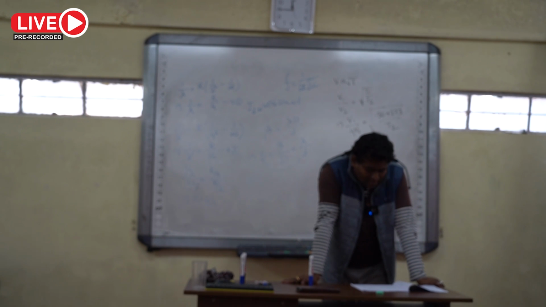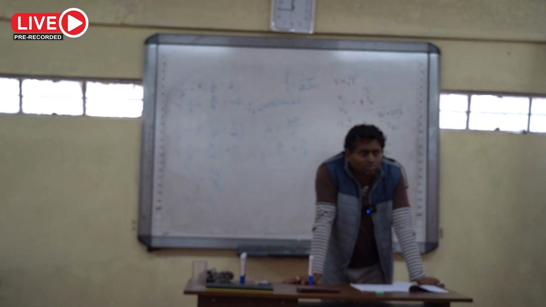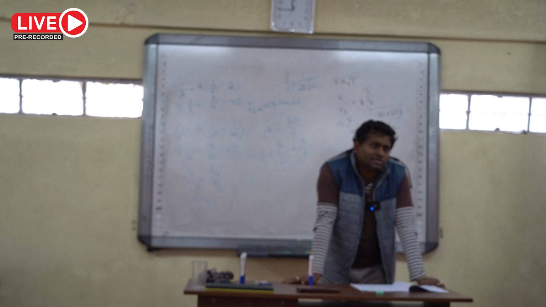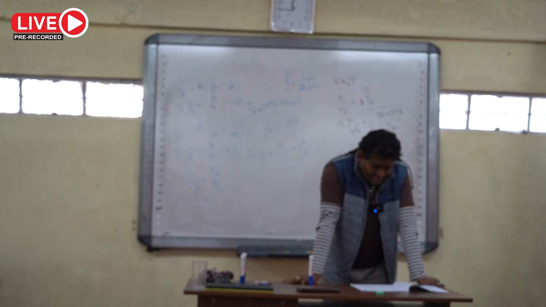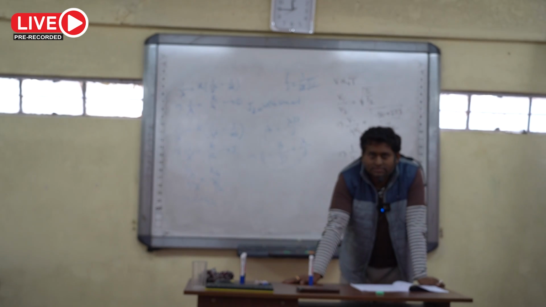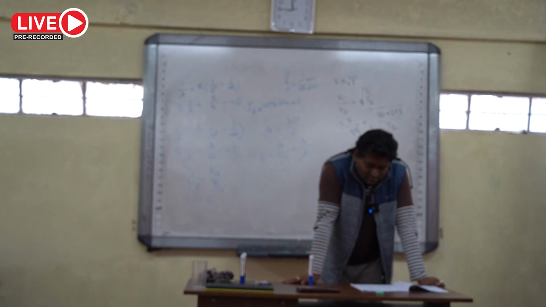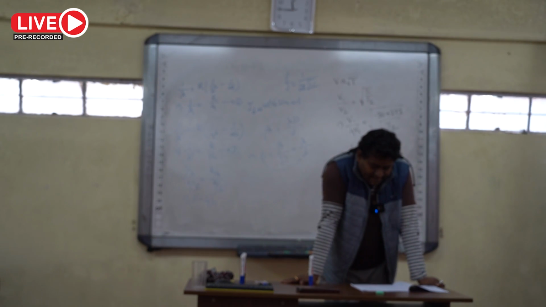Ratio of the frequency of the fundamental harmonic produced by open pipe and closed pipe. For open pipe it is V by 2L, for closed pipe it is V by 4L. So ratio is 2:1. So 30 and 31 are very easy.